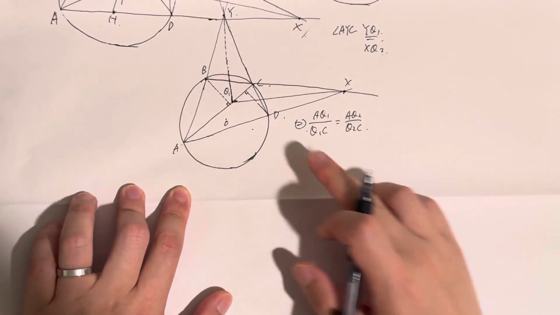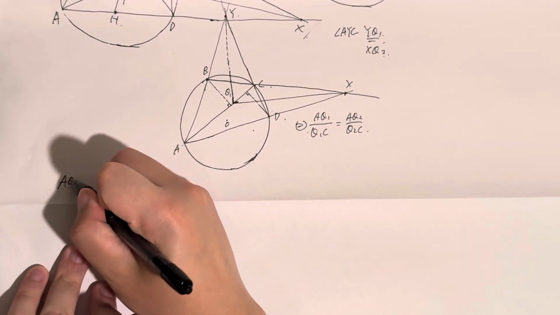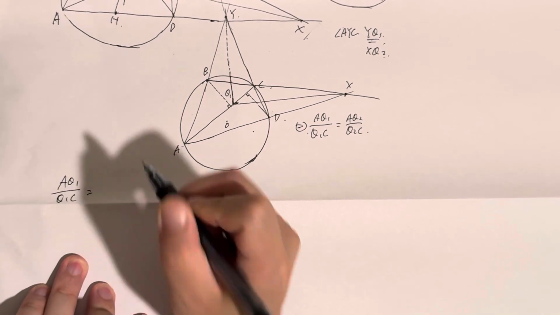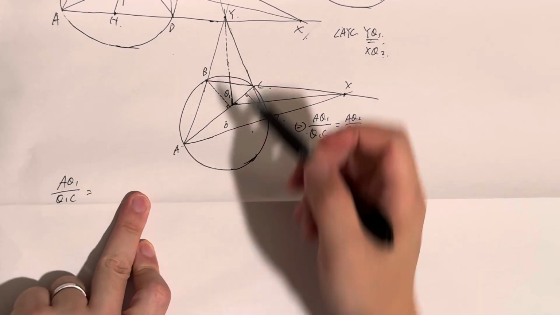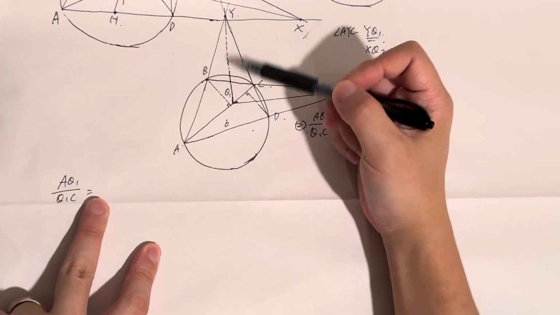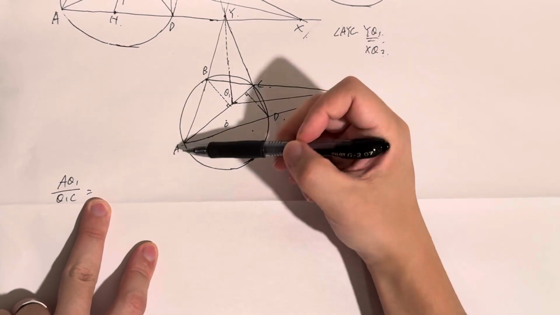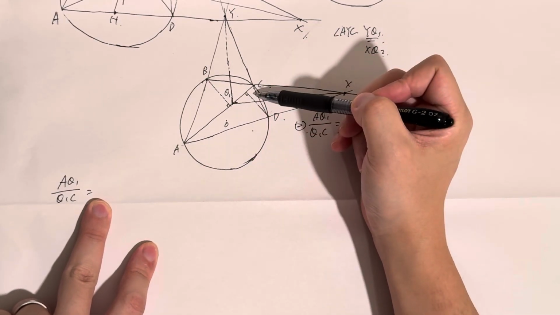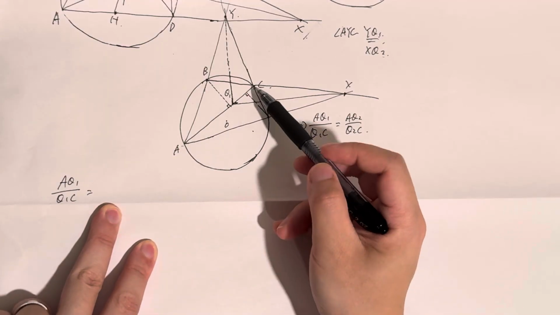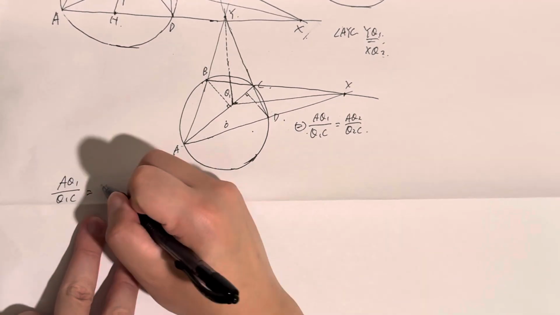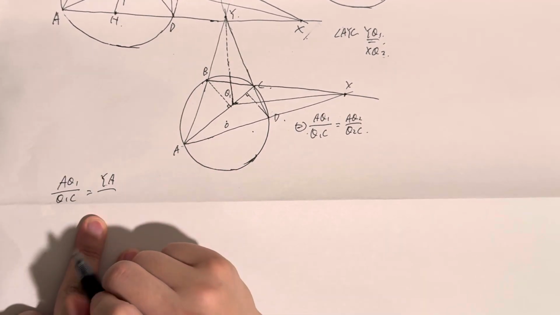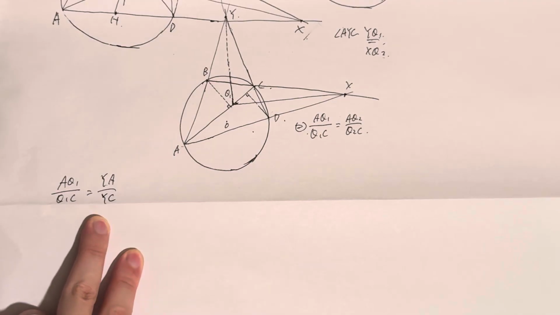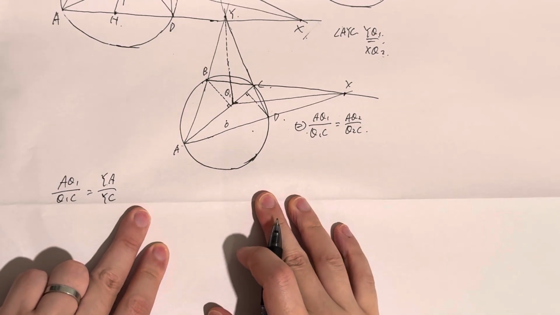And what is AQ1? AQ1 to Q1C, because YQ1 is the angle bisector of triangle AYQ, so AQ1 to Q1C equals YA to YC, right?